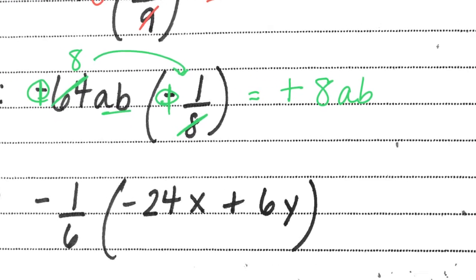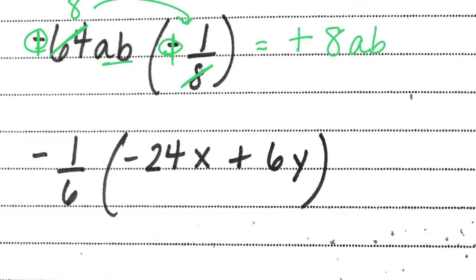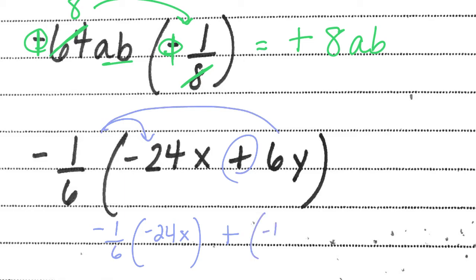Example 4, this is sometimes where students can get stuck, so let's make sure we pay attention to detail on questions like this. This is telling us we need to take negative 1/6 and multiply it by negative 24x. Keep the sign, don't forget to keep the sign, and take that negative 1/6 and multiply it by 6y.